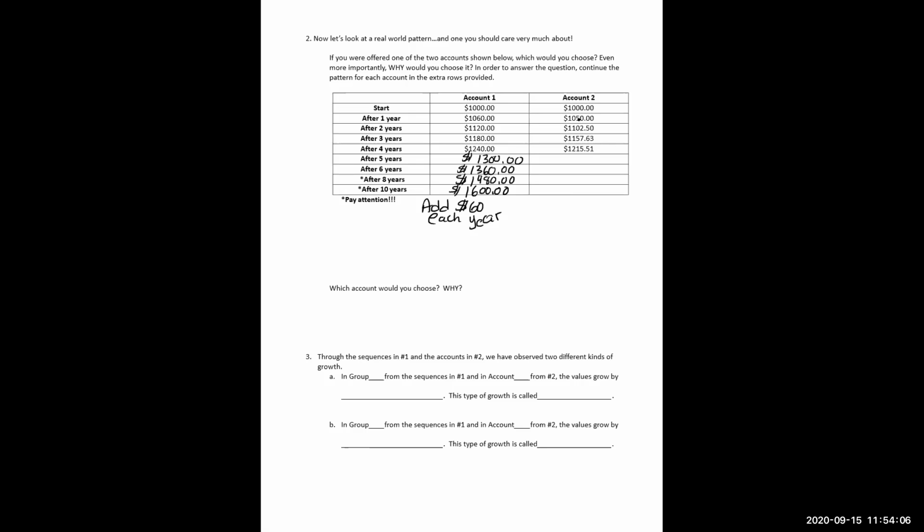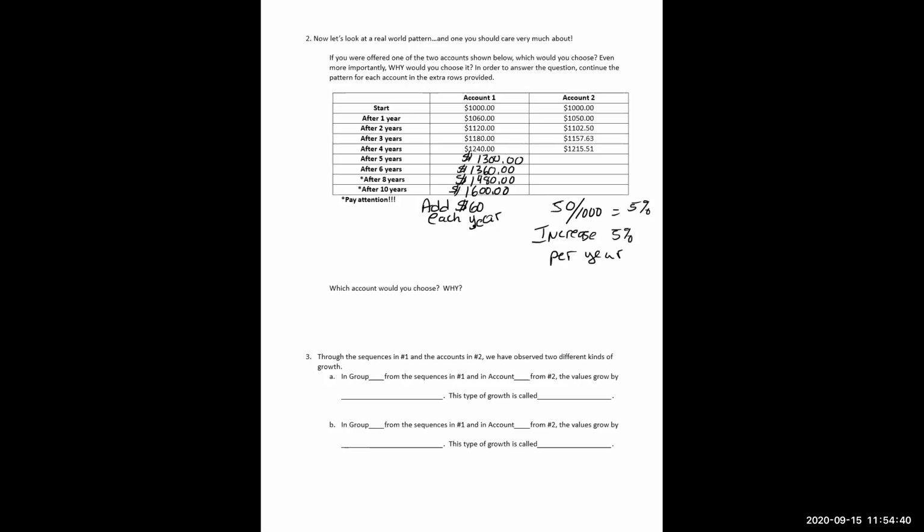You went up $50, okay? So you have $50 out of $1,000, okay? So if you do this on a calculator, you might notice that this is equal to 5%. So this is going to increase 5% per year.